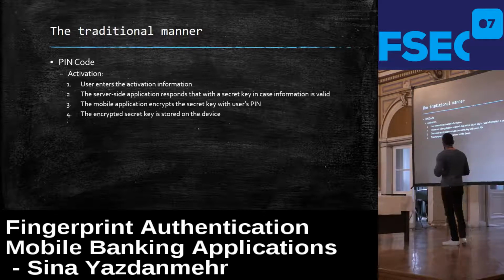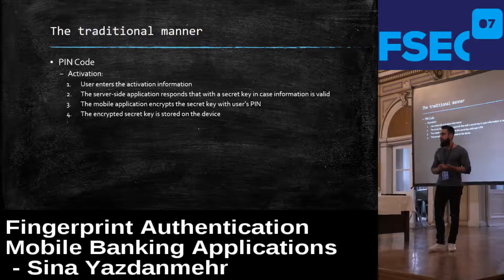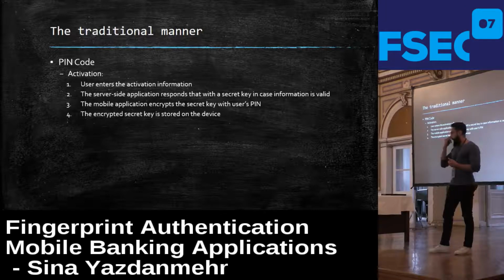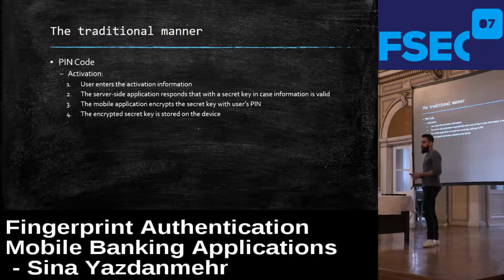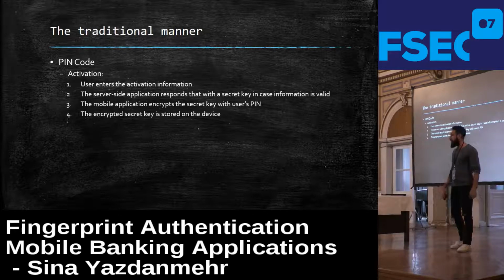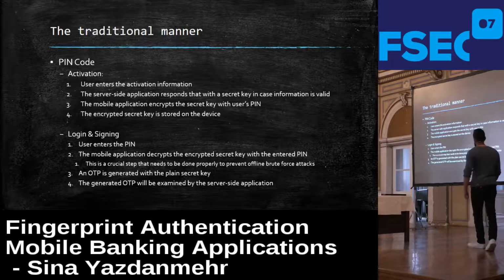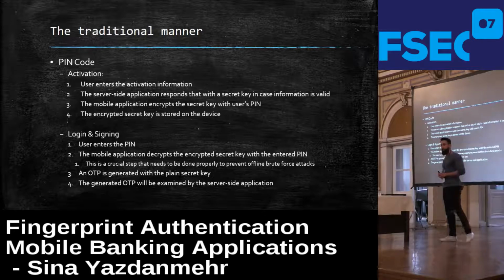Then, the mobile application asks the user to enter a PIN in order to use that as an encryption key. And then, the mobile app will store the encrypted secret key on the device. Now the application is ready to use in the future. So, in two other situations, the secret key will be used by the app.